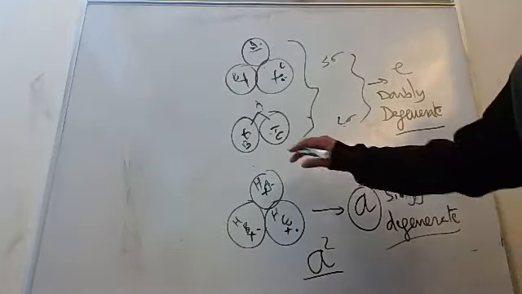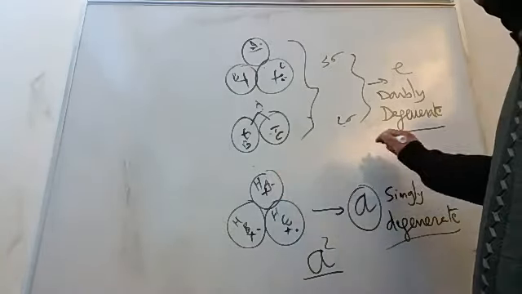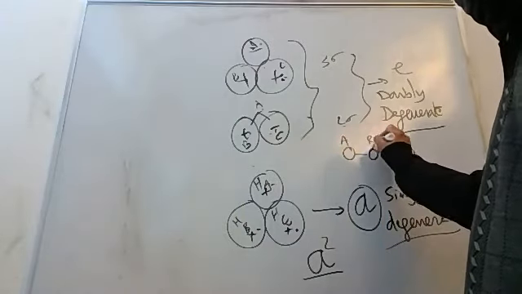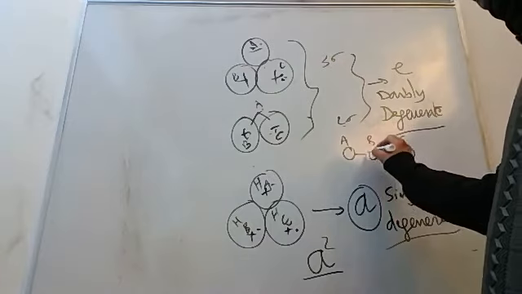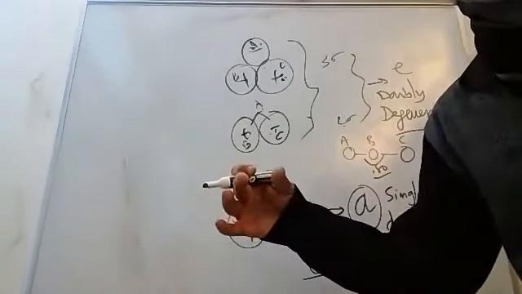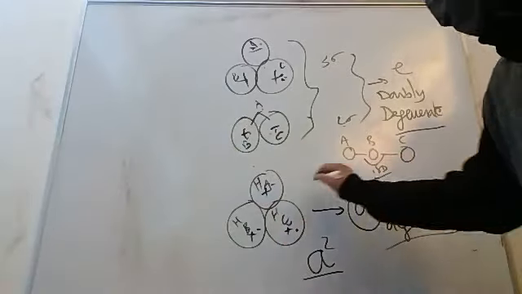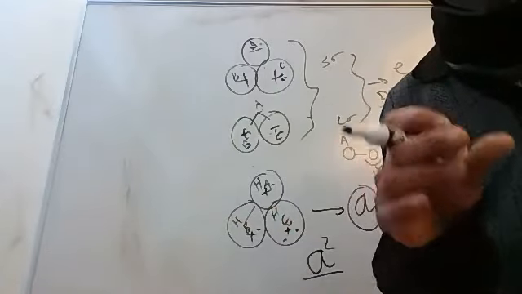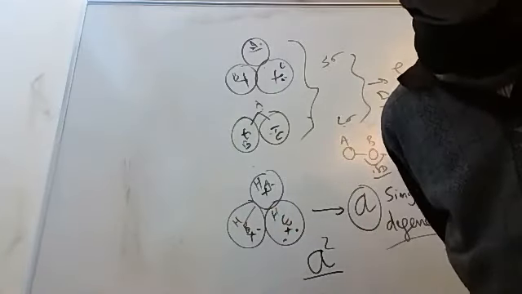So basically what I have done is, when it was linear, right? The H, A, B, and C, the bond angle here is 180, correct? In a linear molecule, the bond angle is 180. When you make it trigonal, you are reducing that bond angle from 180 to 60. Does that make sense?